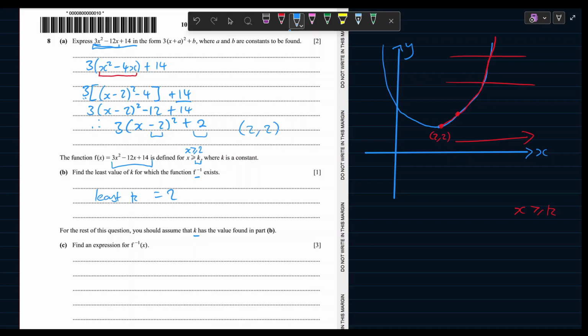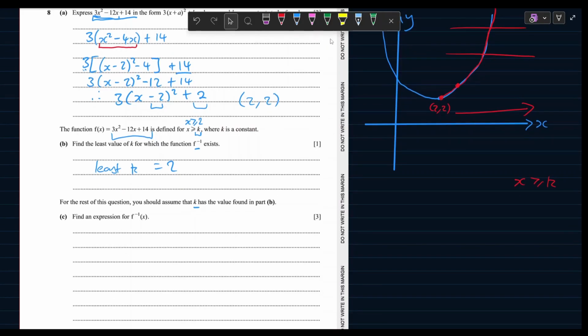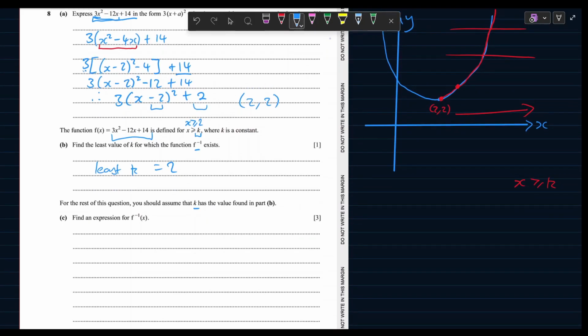Part C says find an expression for f inverse of x. So we know that our function f of x is equal to 3x squared minus 12x plus 14. If we want to find its inverse function, we prefer to have this in the completed square form. So I'll write f of x as 3 times (x minus 2) squared plus 2.